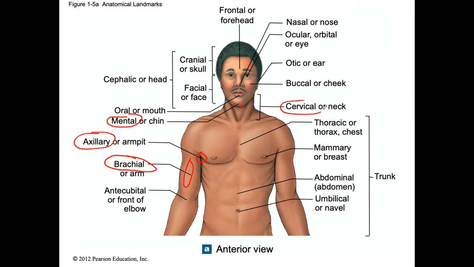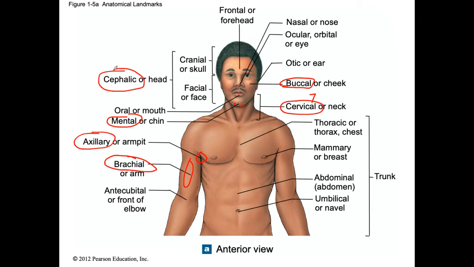The neck is called cervical. That means neck. There happen to be 7 cervical vertebrae. The cheek is buccal. When we cover muscles, there'll be a muscle called the buccinator. If you know that the cheek is buccal, you'll have an idea where the buccinator is.